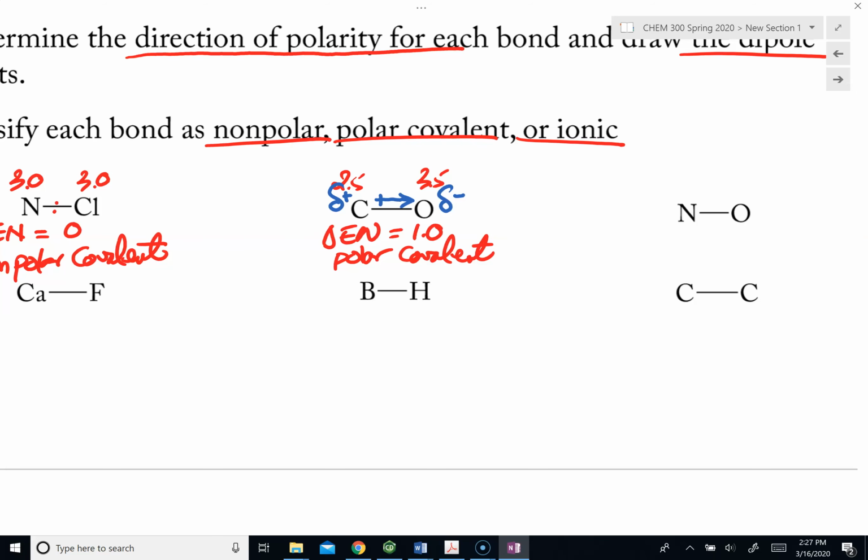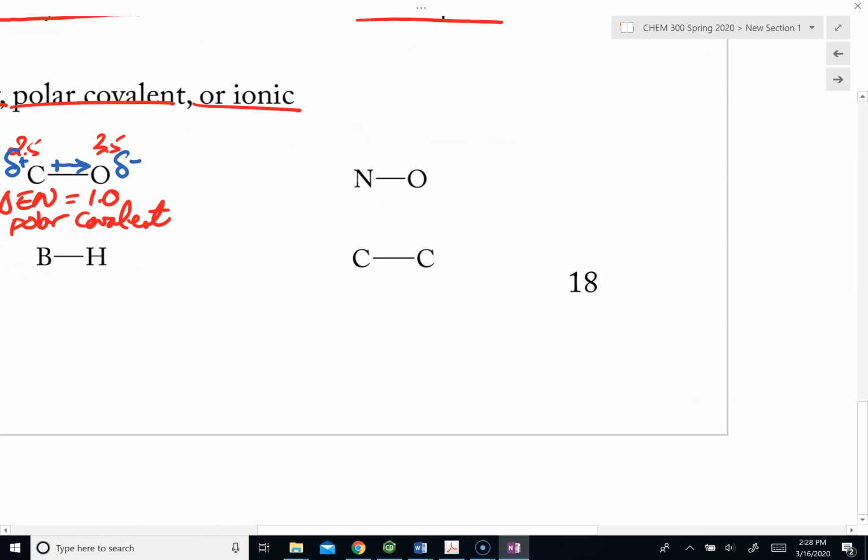Moving on to another example, the bond between nitrogen and oxygen. Nitrogen has an electronegativity of 3.0 and oxygen 3.5. So the difference in electronegativity is now 0.5. Since this is 0.5, for the most part, this bond will still be considered a polar covalent bond.